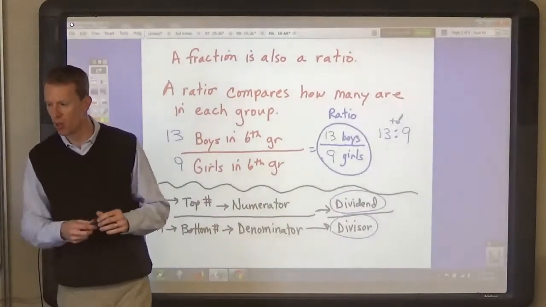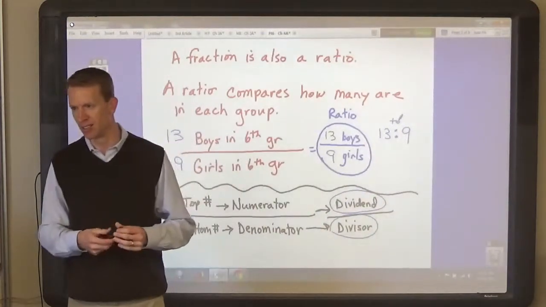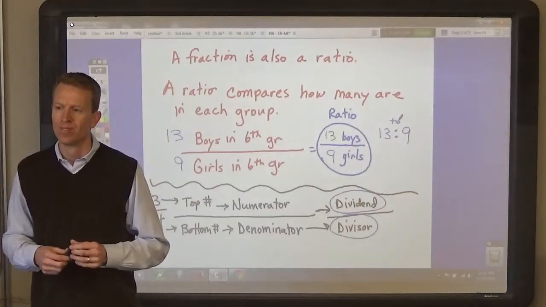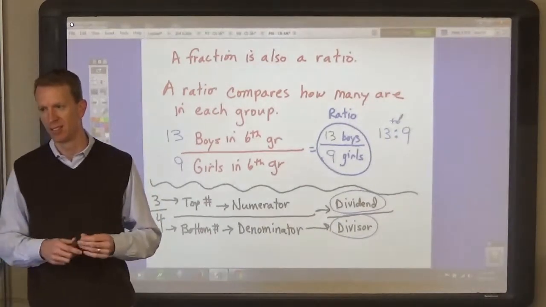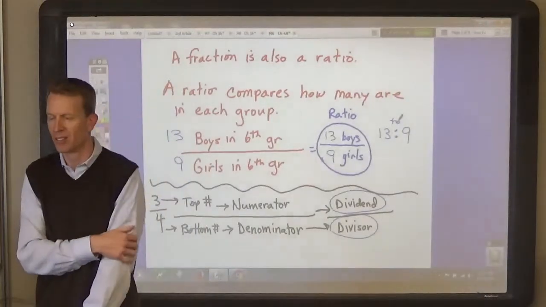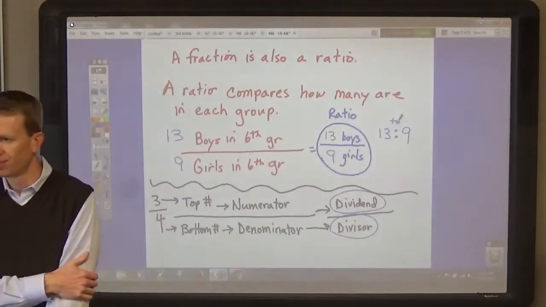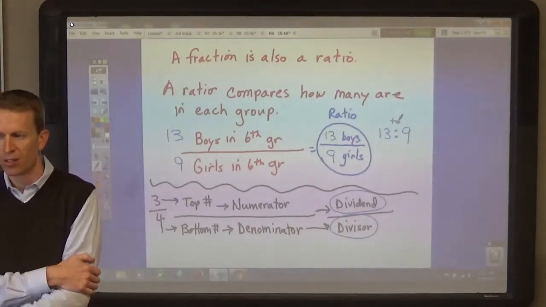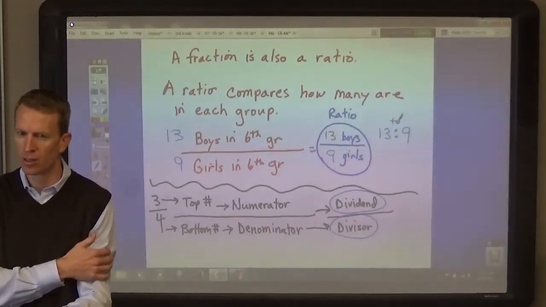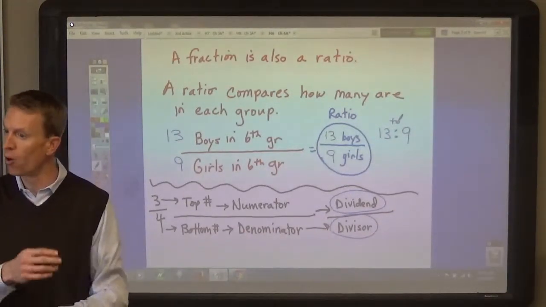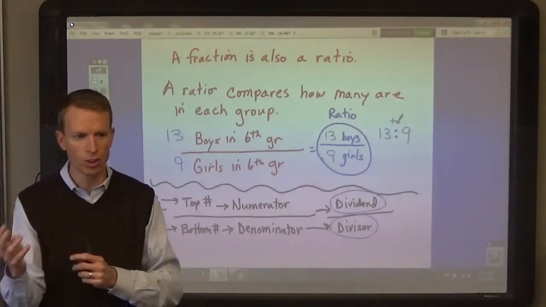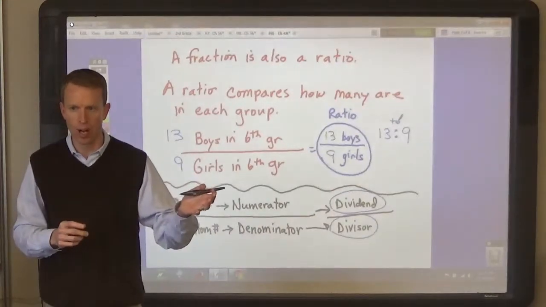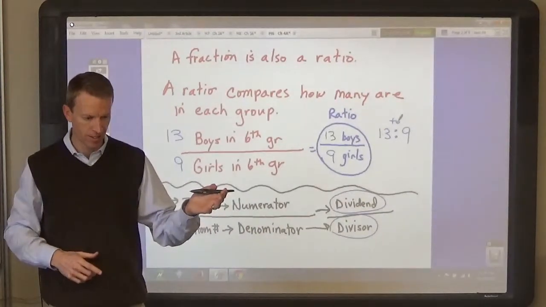What is the ratio of shaded triangles, Liz? 2 out of 6 would be a fraction. 2 to 4. Right. The ratio is 2 to 4. So there's 2 shaded and 4 that are what? Not shaded. Okay.